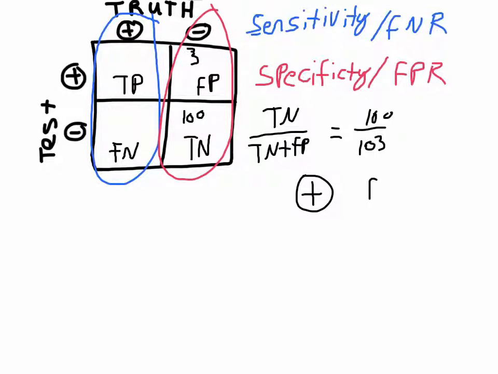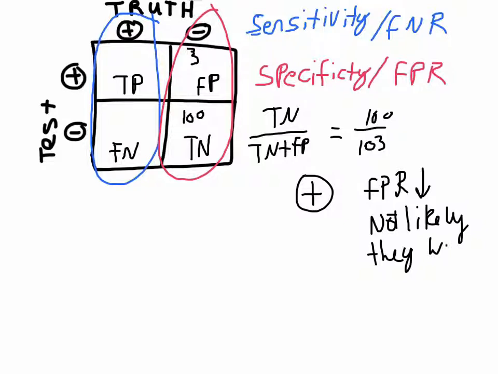Because my false positive rate is extremely low. If I test somebody who doesn't have the disease, it's not very likely that they will test positive, if no disease.